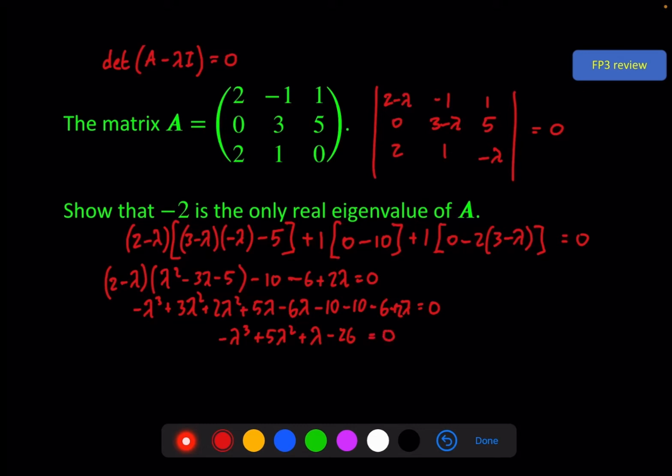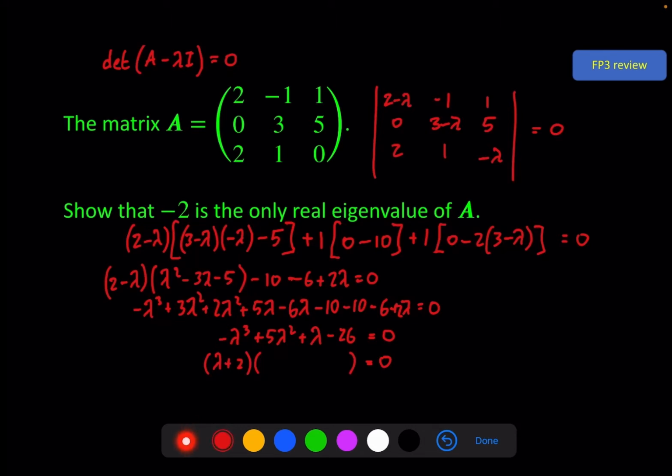And this is an example of a situation where something in the question is helping you to solve your cubic, because they're telling us show that -2 is the only real eigenvalue. So we know that -2 is an eigenvalue. So we know that one of the brackets here is lambda plus 2. And the question is, can we find the quadratic equation to go here and then show that that has no real solutions?